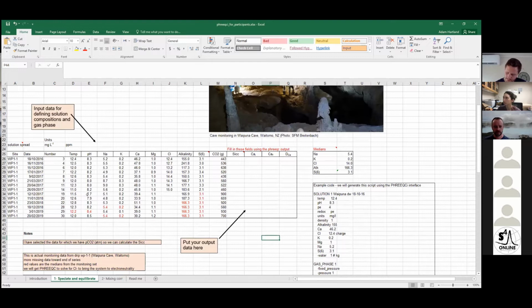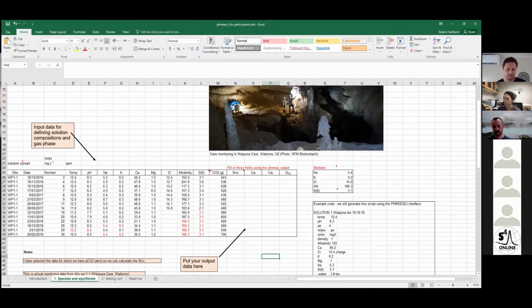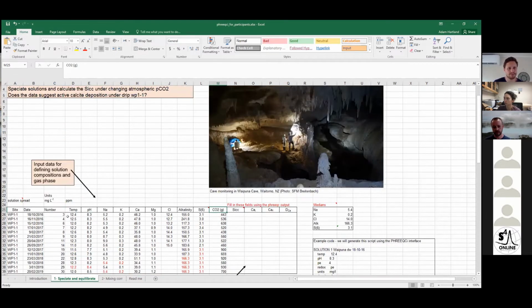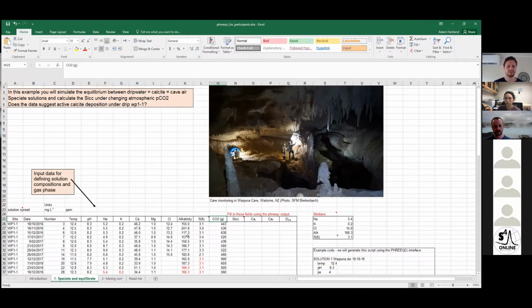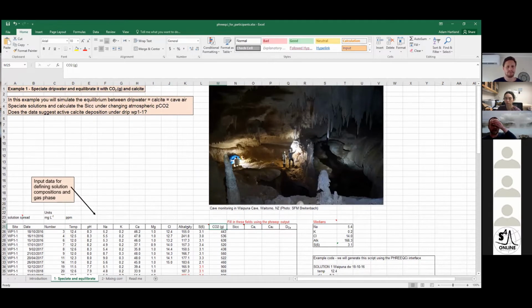So the spreadsheet here shows a series of drip water measurements done on Waipu in a cave, as well as the atmospheric carbon dioxide concentration for the months where the samples come from. And you'll see that we've got temperature, pH, etc. across here. And you may also notice, for those of you who have sharp eyes, that there's a column here, S with a bracket 6.